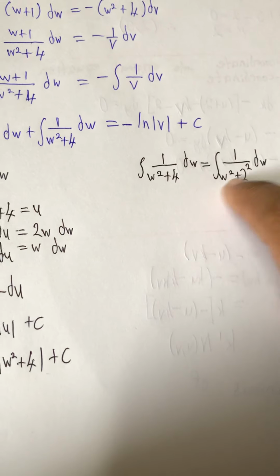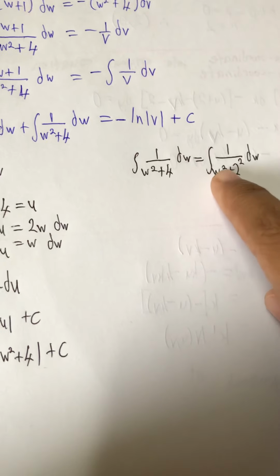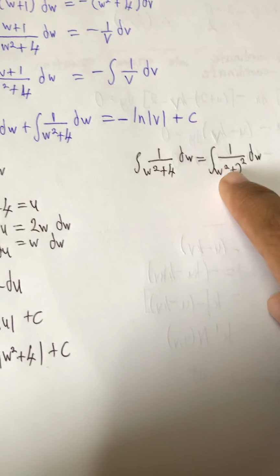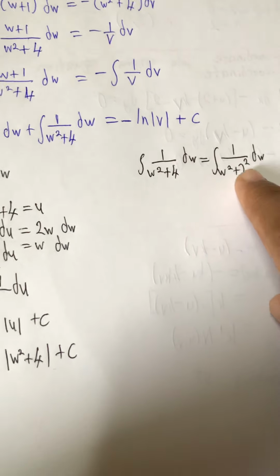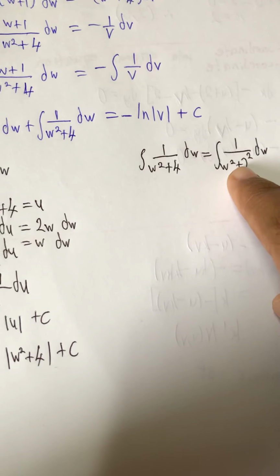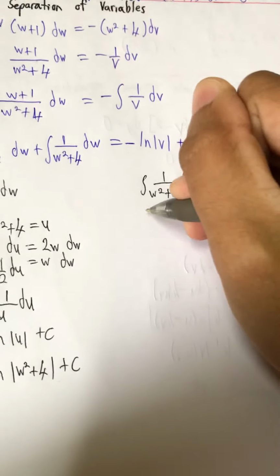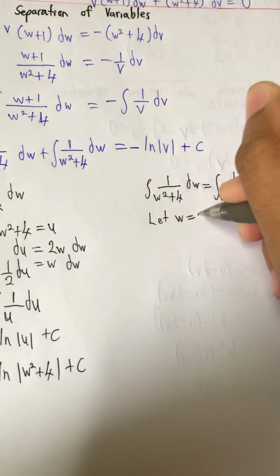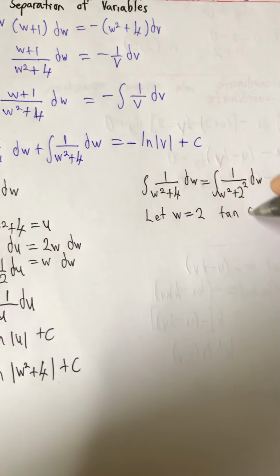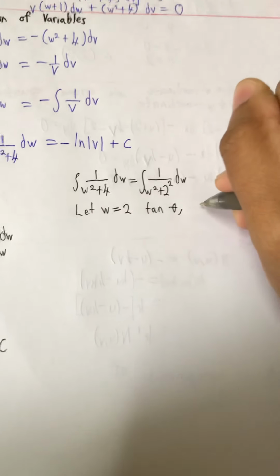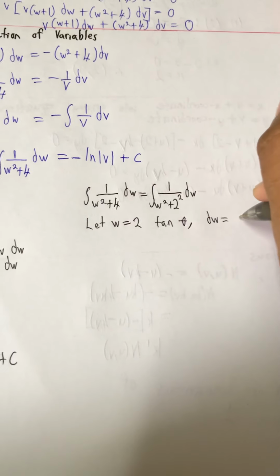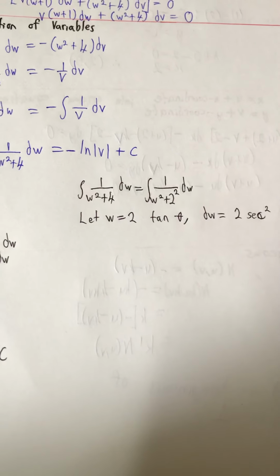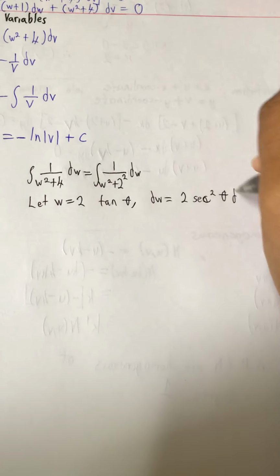We substitute this with the trigonometric properties. Here we use the tangent substitution. So we let w equal to 2 tangent theta, and then our dw becomes 2 secant square theta d theta.